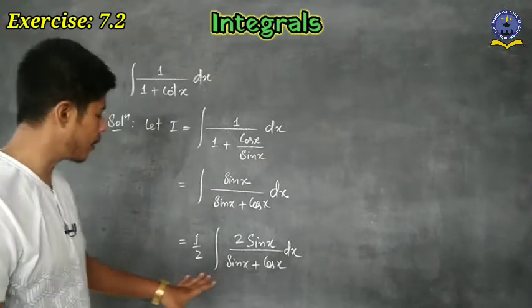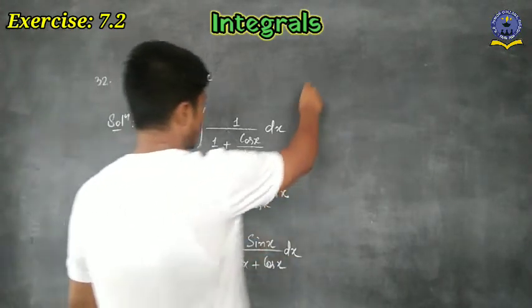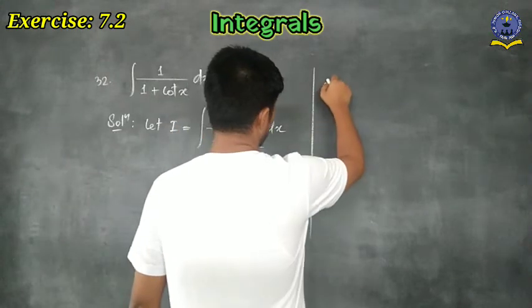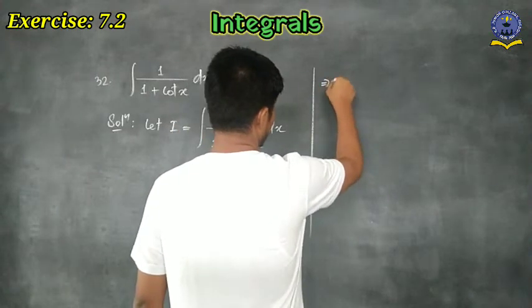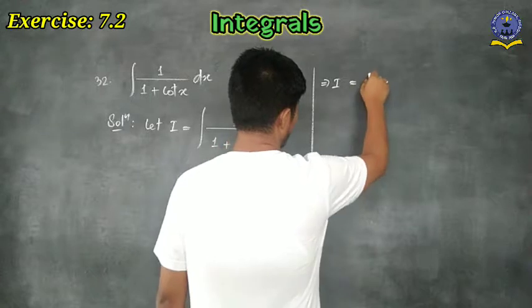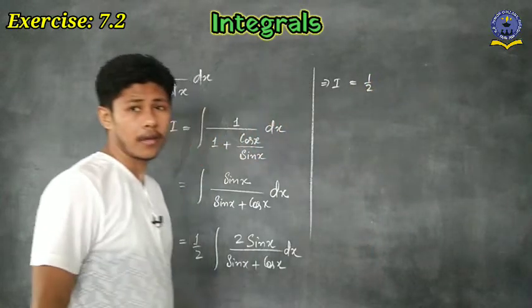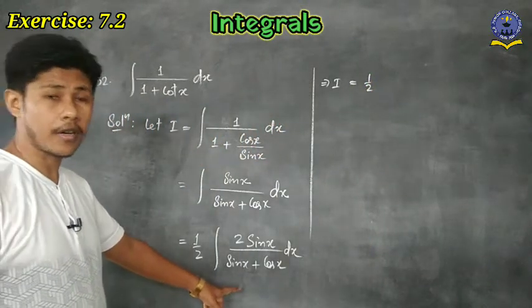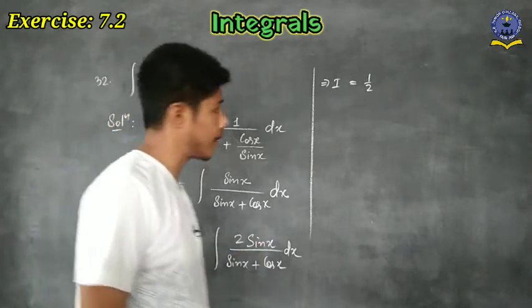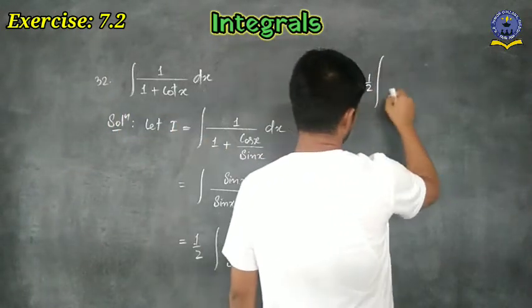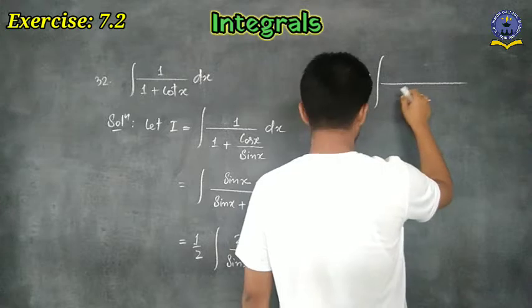Now after this, the next step is again another very important step. So this implies I equals 1 by 2, which is already there, and then here integration, in the denominator you have to write sin x plus cos x.